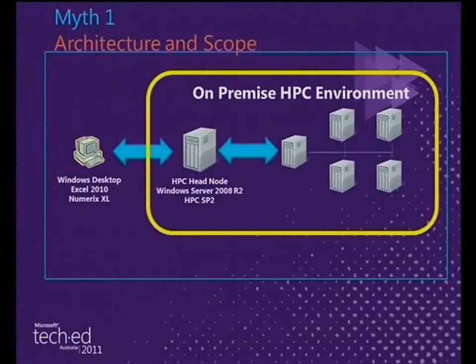Architecturally, quite high level, this is how it looks, where you've got the quantitative analyst sitting at the Windows desktop, running Excel, running numerics. That workbook is then offloaded through to the head node, which will then pretty much break that up into pieces and dish it out to the compute grid.